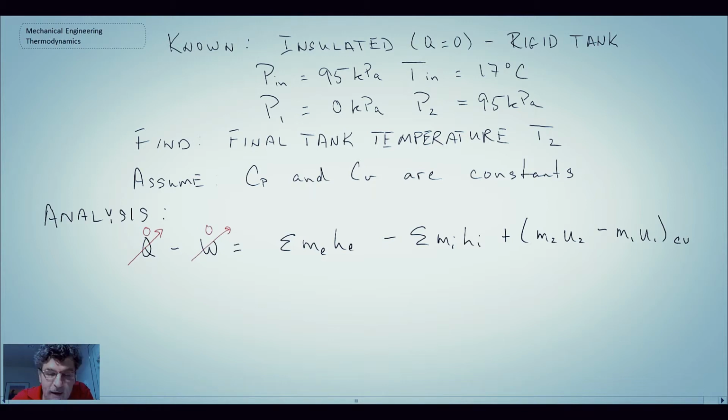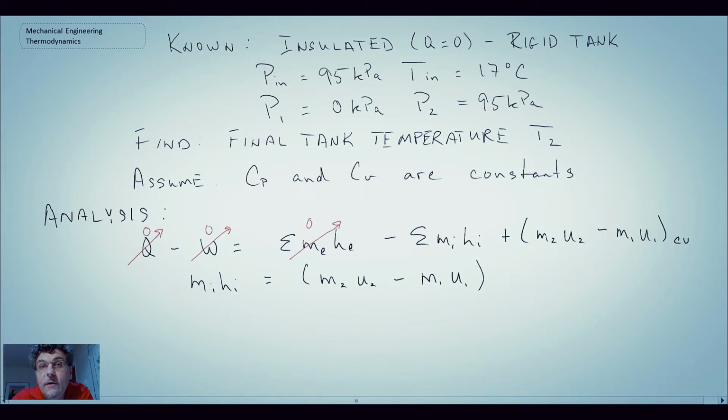And finally, mass is only flowing into the tank, there's nothing flowing out, so the term with the exiting mass goes to 0 as well. With that, we can quickly reduce our first law to something that looks like the following. So that's what our first law looks like.